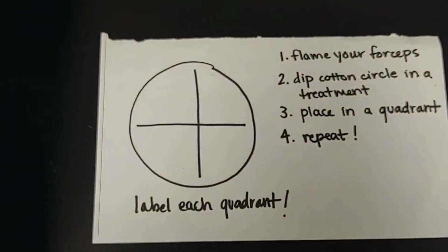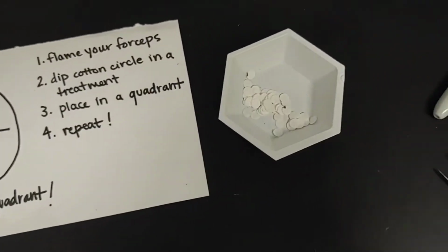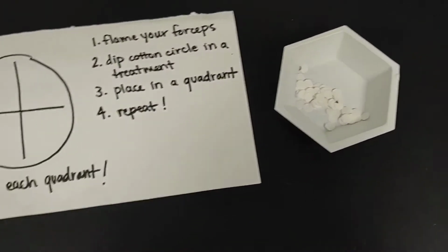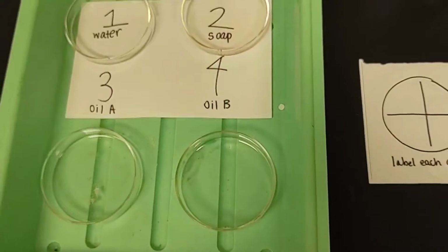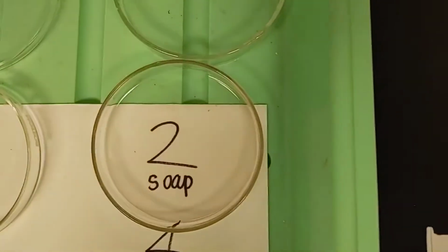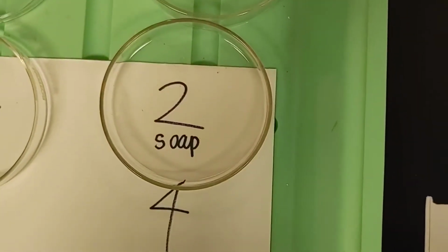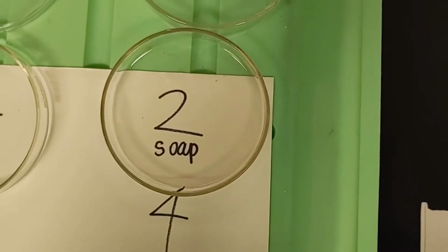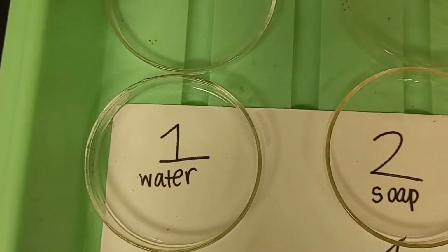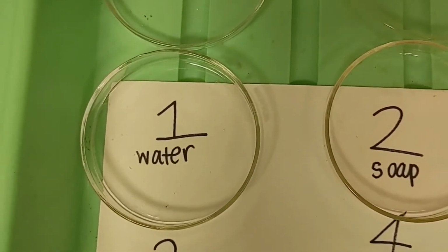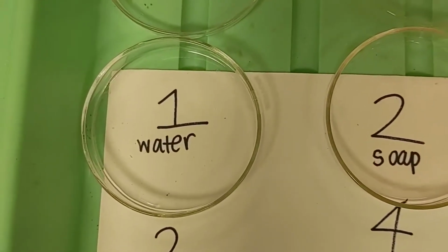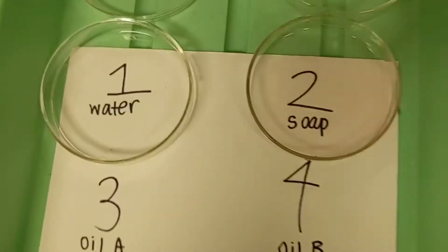And we're going to measure the zone around the disc that has been created by these oils and by the control. So the soap should have a larger circle around it, whereas the water should not produce any sort of effect against the bacterial lawn it's being placed on.